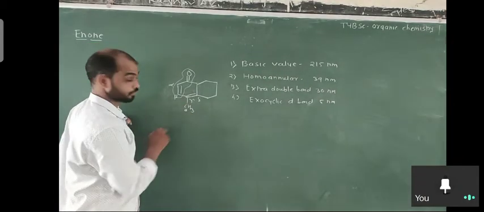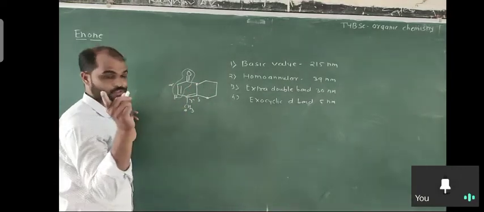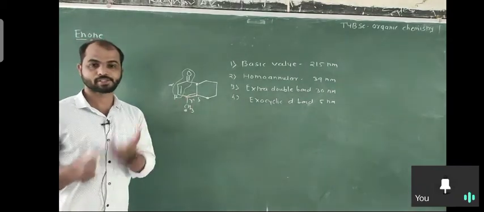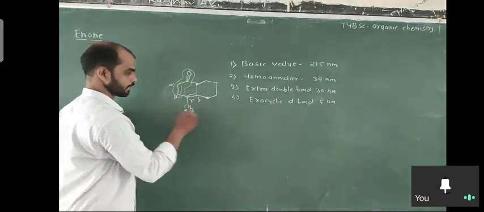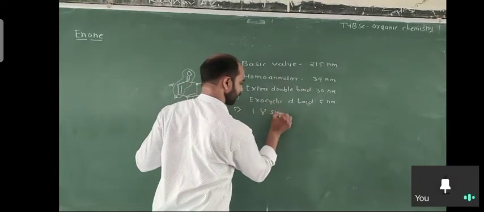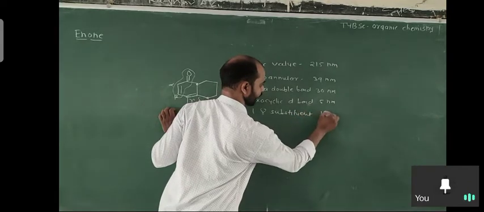Then alpha, beta, gamma and delta. Okay, on alpha position there is one substituent, on delta position this and this are substituents, two substituents. So alpha, gamma and delta value is the same, so directly consider here. Fifth point is one gamma substituent, value is 18 nanometer.